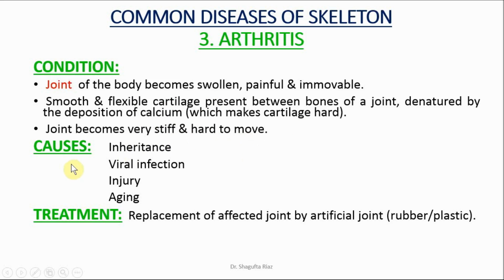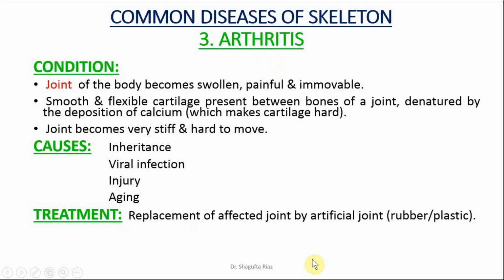What are the causes? It can be inherited, any kind of viral infection or injury, and aging is one more factor. In aged people, we have seen this condition very often.